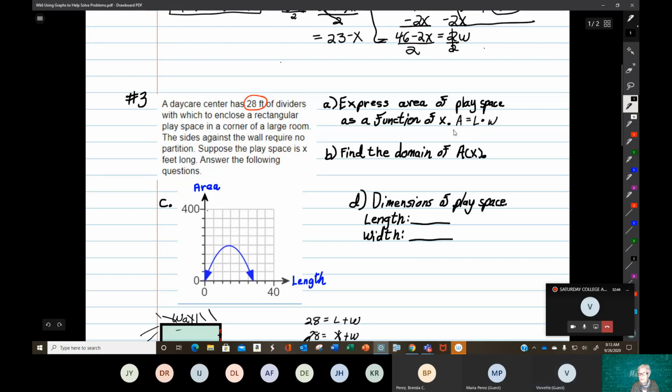Okay, so if we want to call this A of x, which is what I believe they call it in this problem as well, we're going to have x times 28 minus x. And this is going to be our function, and actually this part of the problem, part A, has 4 choices you can choose from. But A of x is what the area is referred to as.